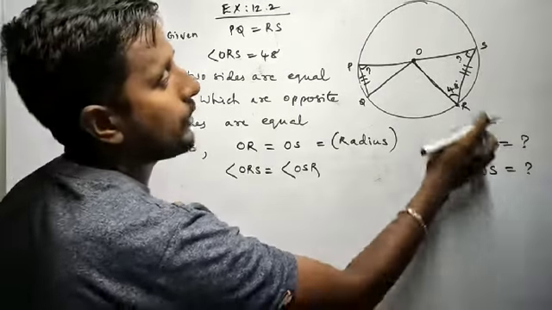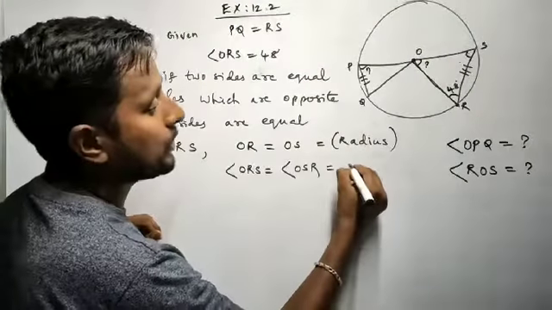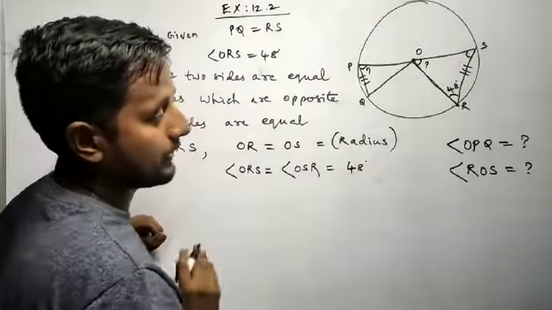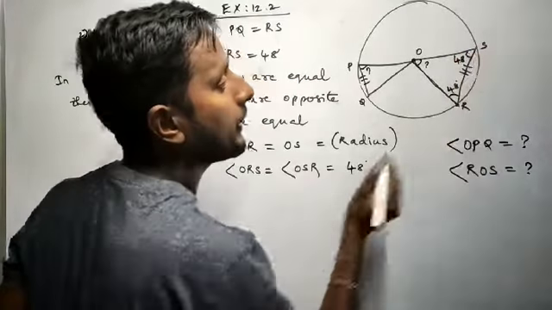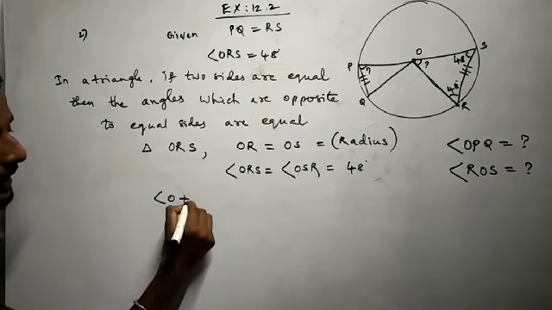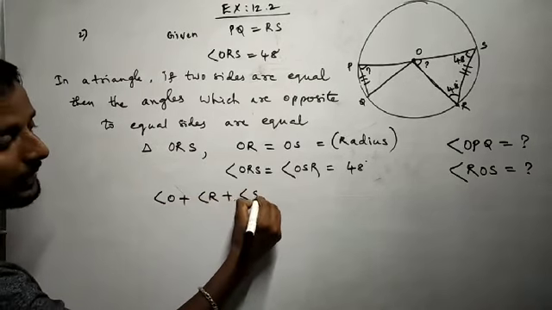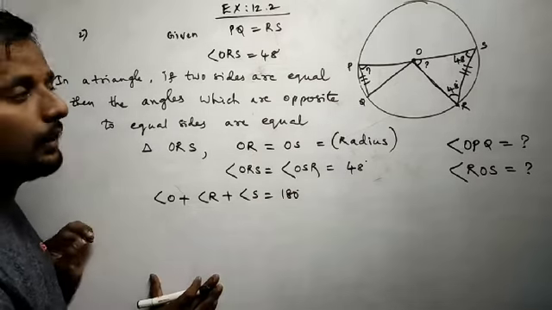Yeah, angle ROS, in this sense, this angle, right? So angle S and angle R are both equal to 48 degrees, correct? So this angle is 48 and this one is also 48, correct? But the sum of the three angles, angle O plus angle R plus angle S, is equal to 180, because the sum of the three angles in a triangle is 180.